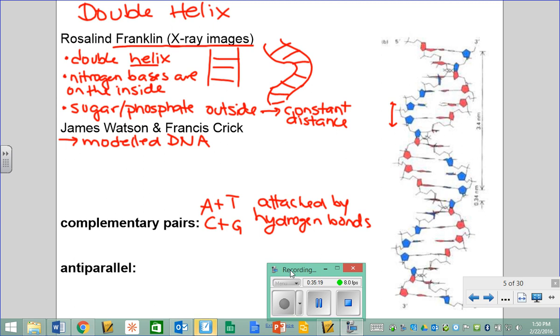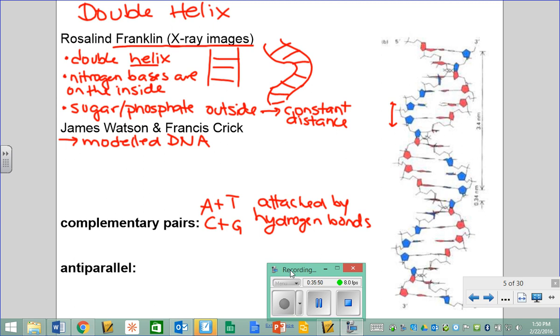Now, if you've taken chemistry, you would have a detailed description of what a hydrogen bond is. If you haven't, basically, a hydrogen bond happens when a hydrogen atom is touching something very electronegative, and it creates this attraction between hydrogen and a neighboring molecule. So it's basically an electrostatic attraction between something positive and something negative. If you think about the way static electricity works, it's not exactly the same thing, but it's the same sort of principle.